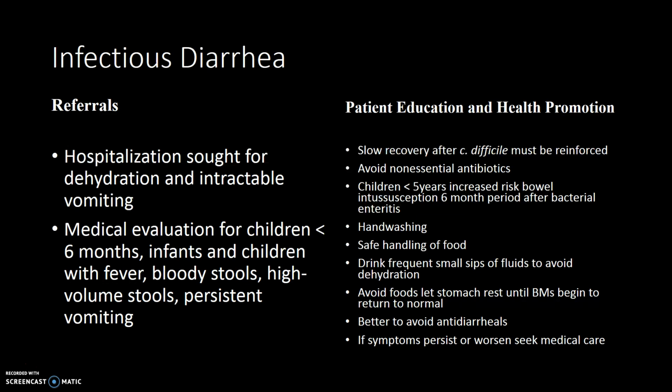We certainly seek hospitalization for dehydration and intractable vomiting. Medical evaluations needed for children under 6 months. Infants and children with fever, bloody stool, high volume stool, persistent vomiting. And these small children and compromised patients, they can go bad really quickly, so they need very frequent reevaluation.